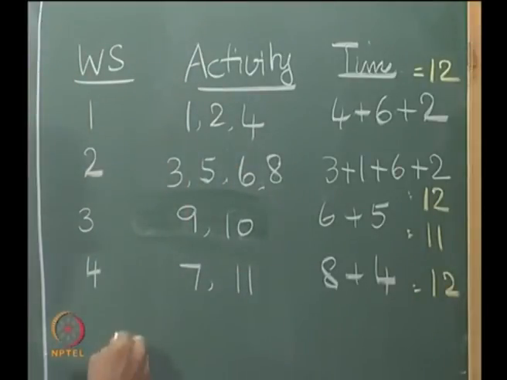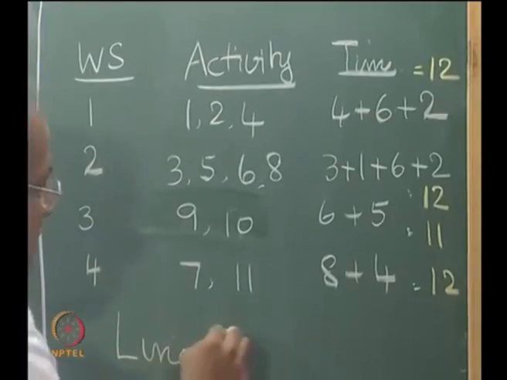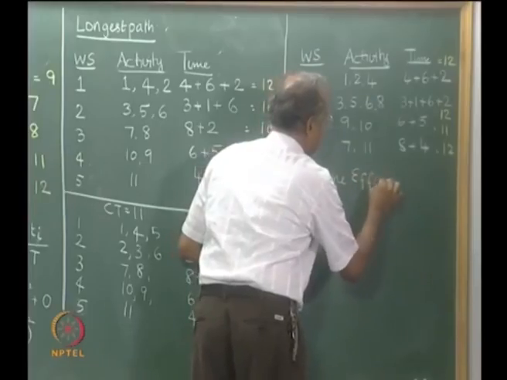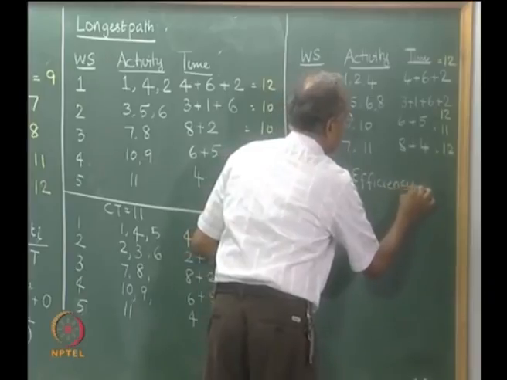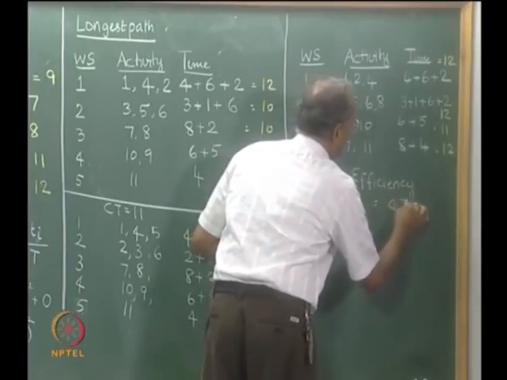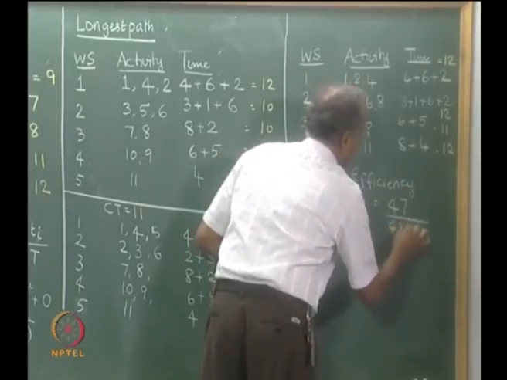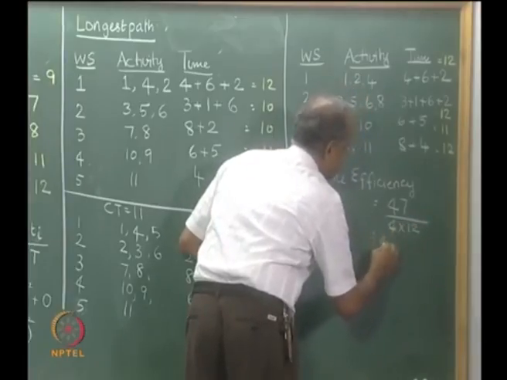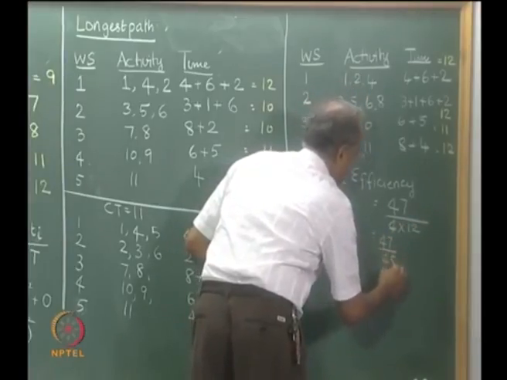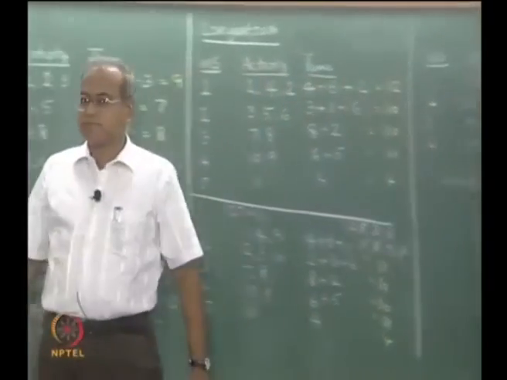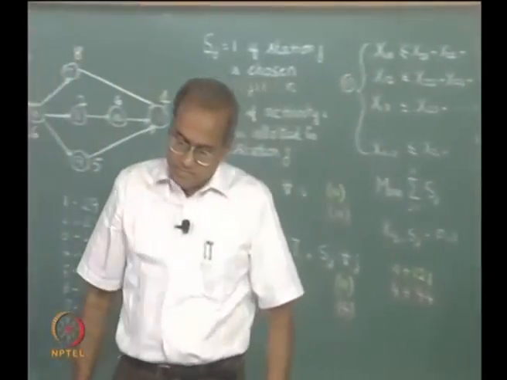Line efficiency is equal to 47 by 4 into 12, which is 47 by 48, which is the best that is achievable.